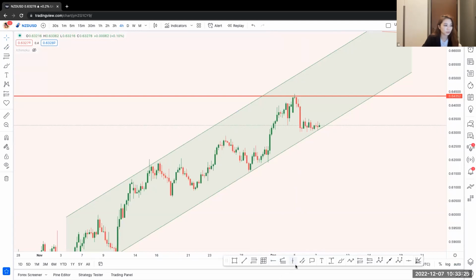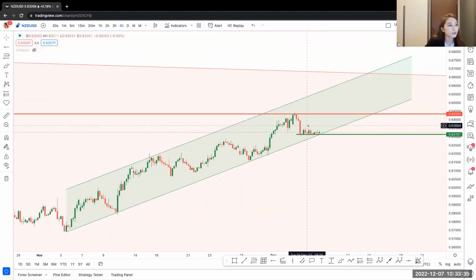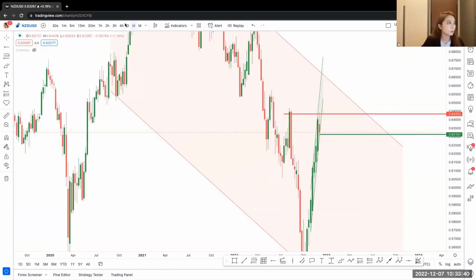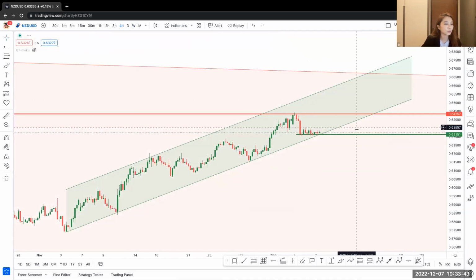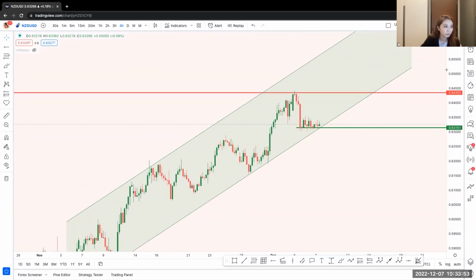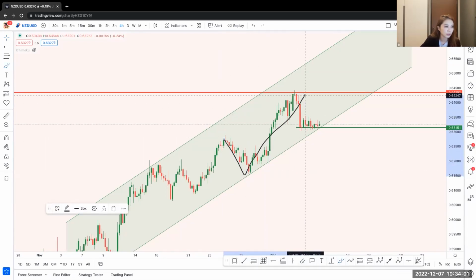So many touch points for this. I would say this could go both ways in terms of moving towards a resistance on the bigger time frame, like on the weekly, with price actually moving past that and moving towards the bigger resistance of the downward channel. However, on the smaller time frame, we are looking at a short-term upward movement. There is a chance that this is a Nike tick reaction in terms of what we are seeing.